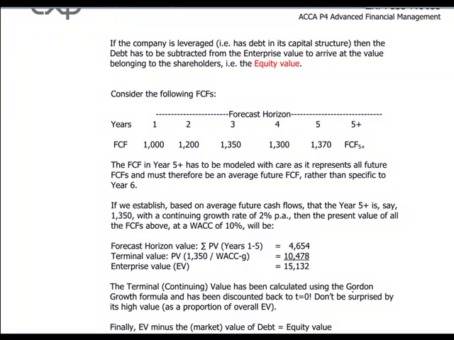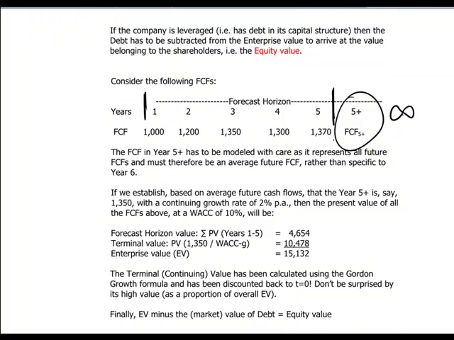Here we have a numerical example to show the forecast horizon, which is basically until year 5, and then the thinking behind what the continuing value of the business can be, based on some kind of adjustment made to the free cash flows in year 5, to see what cash flow could represent the company for all future years.